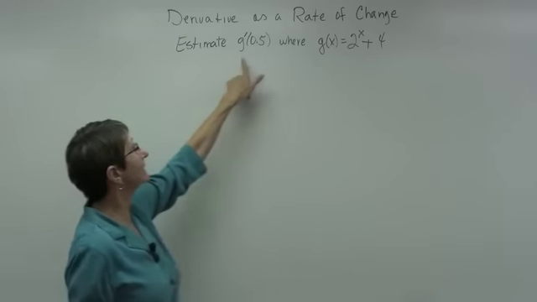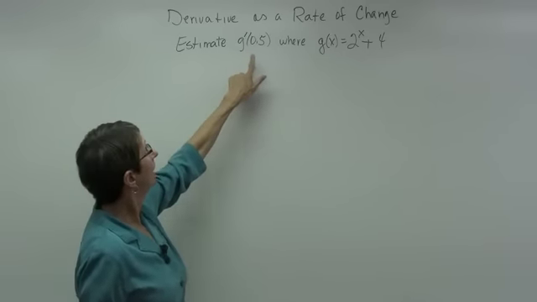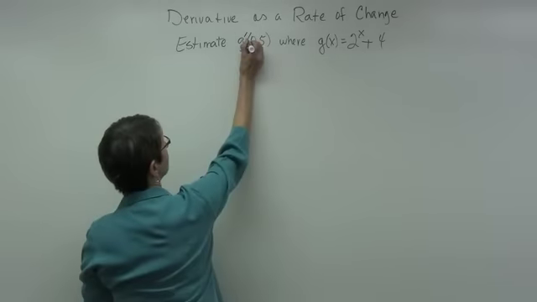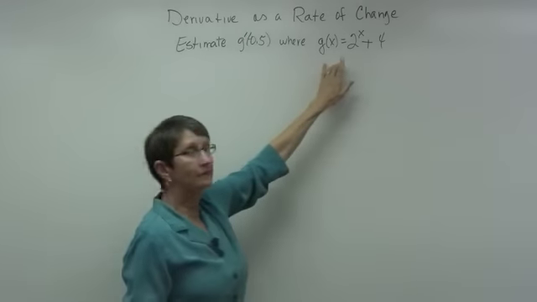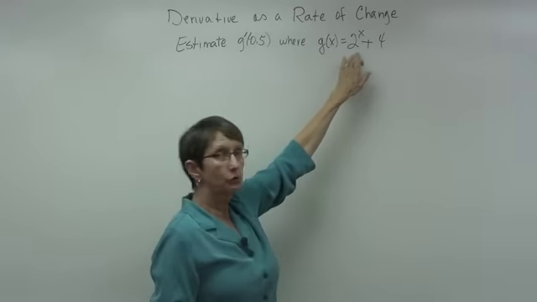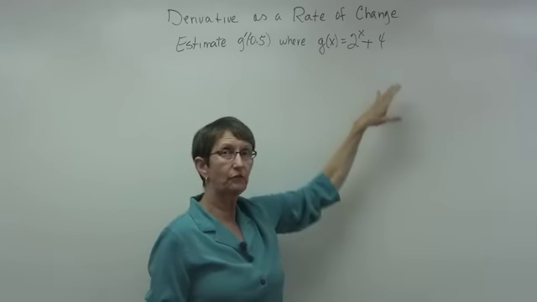It says estimate g prime of negative 0.5, where g of x equals 2 to the x plus 4.